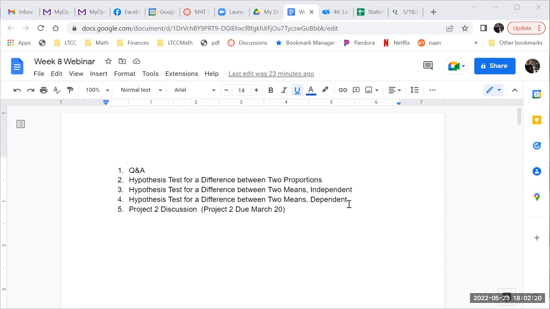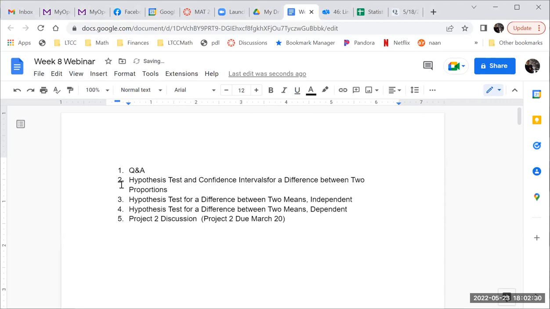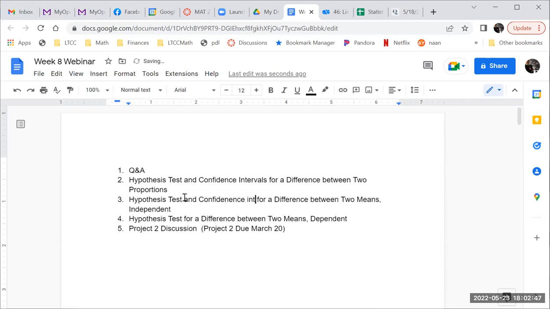So what we're going to be doing today is hypothesis tests and confidence intervals for the difference between two proportions. We'll also look at hypothesis tests and confidence intervals for the difference between two means.